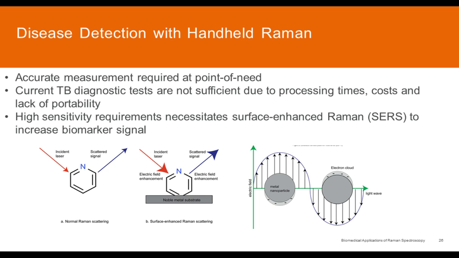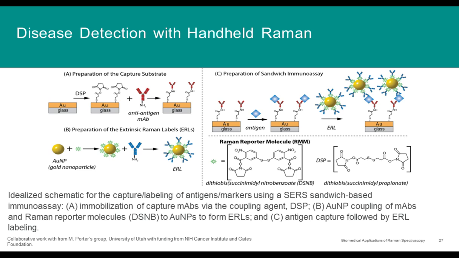Our LSPR is just an oscillation of the valence electrons that make up our metal. You can see a drawing of that on the right there. This enhancement can be on the order of 10 to the third to 10 to the seventh, even greater, depending on the SERS active material that's used. But this enhancement really allows us to reach trace level detection of biomaterials.